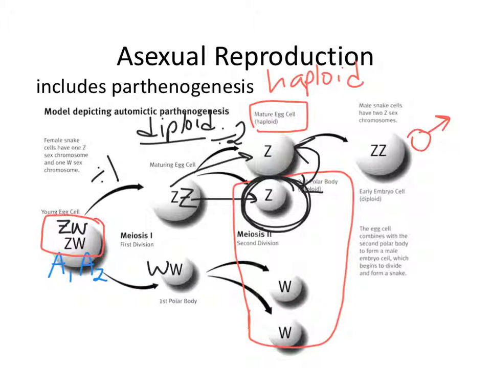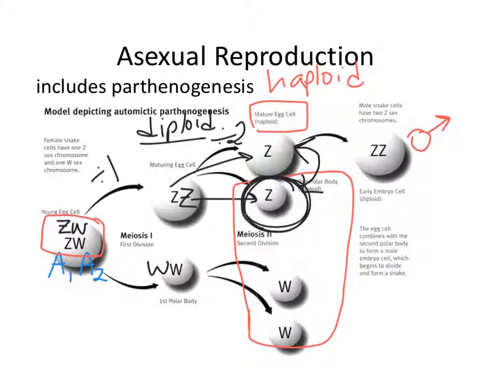The male could go through spermatogenesis and produce 4 sperm, and 2 of them could fuse together to make a diploid organism. Then what happens? It becomes female. So in your spermatheca, in your vas deferens or in your testes, you've got this little tiny 2 cell embryo. What's going to happen?